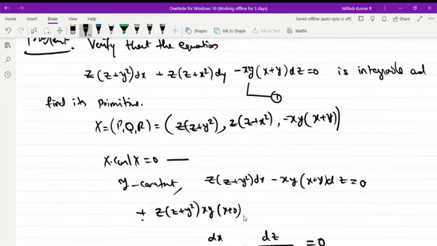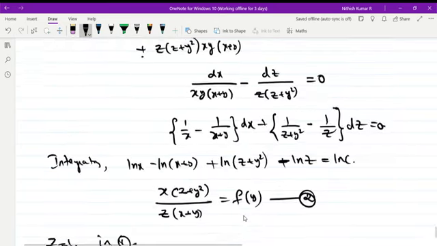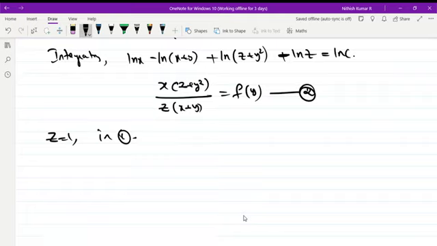So I get 1 into 1 plus y square dx plus 1 into 1 plus x square dy, so it is 1 plus y square dx plus 1 plus x square dy equal to 0.